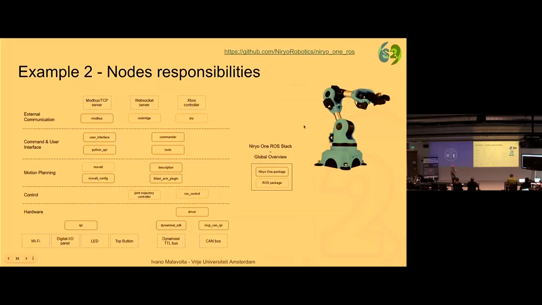This is an example from one of the systems that we analyzed, in which they divided their components into different layers. So this is one way in which you can start reasoning about how your system might be subdivided into these hypothetical blocks.